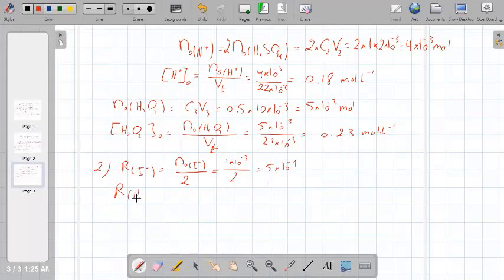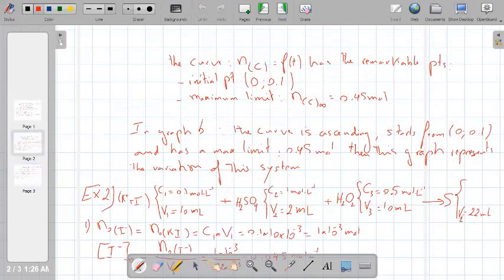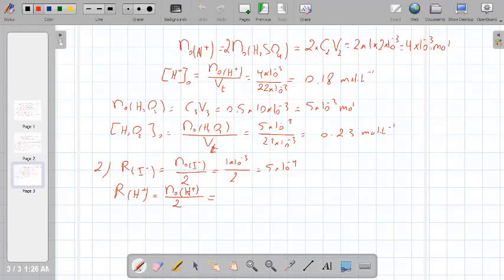Ratio for H plus equals N0 of H plus over stoichiometry 2, N0 of H plus equals 4 times 10 minus 3, over 2 equals 2 times 10 minus 3. The ratio has no unit.